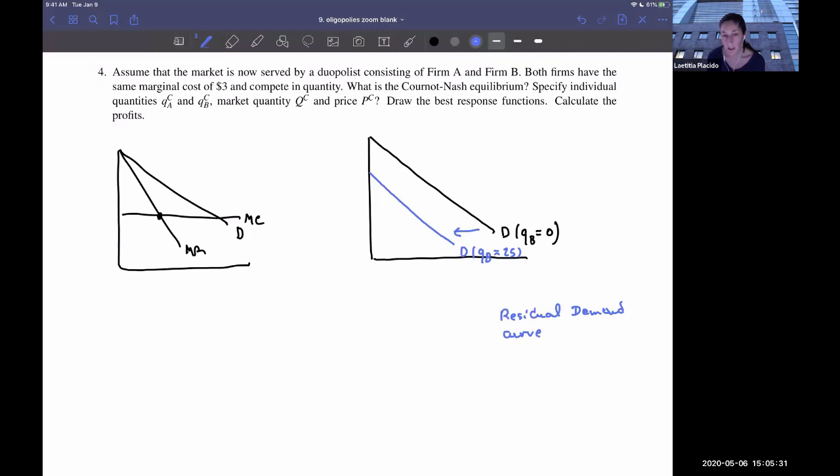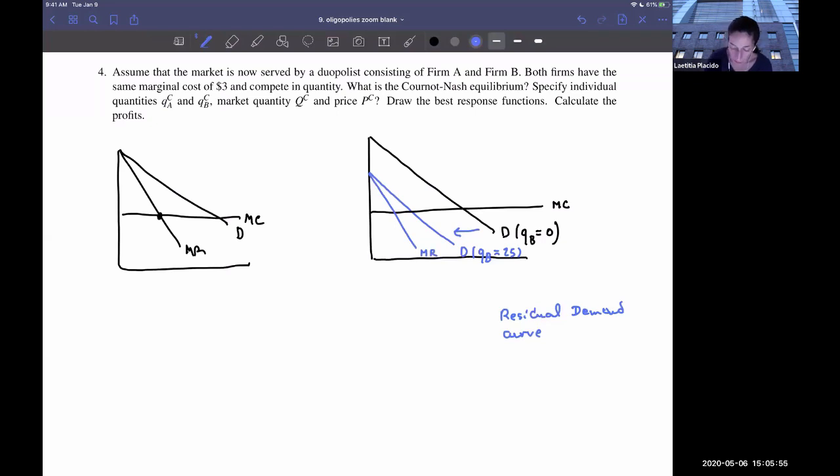So assume that I know that firm B is going to produce 25 units. What is my best response to that? Well, I'm going to draw the marginal cost curve. Okay. And I'm going to draw the marginal revenue curve here. Okay.